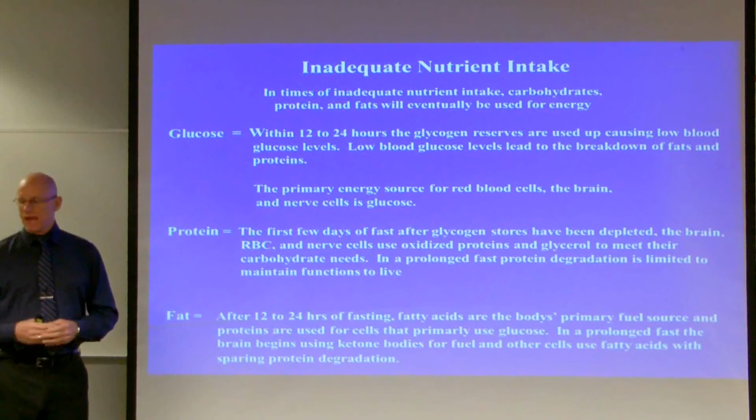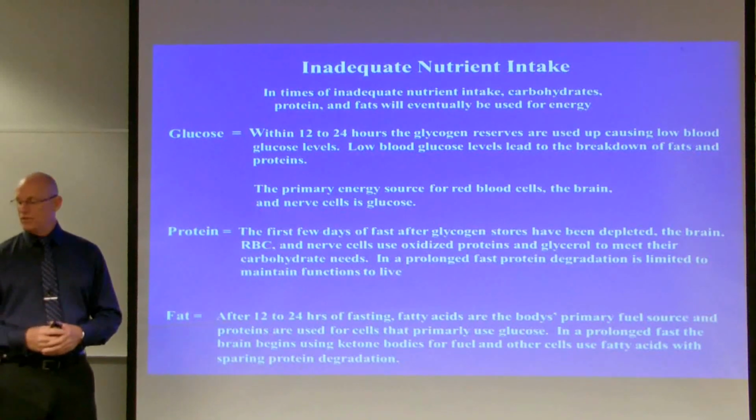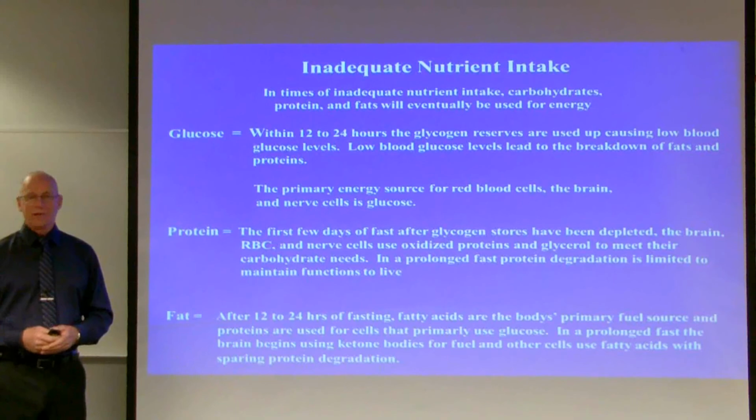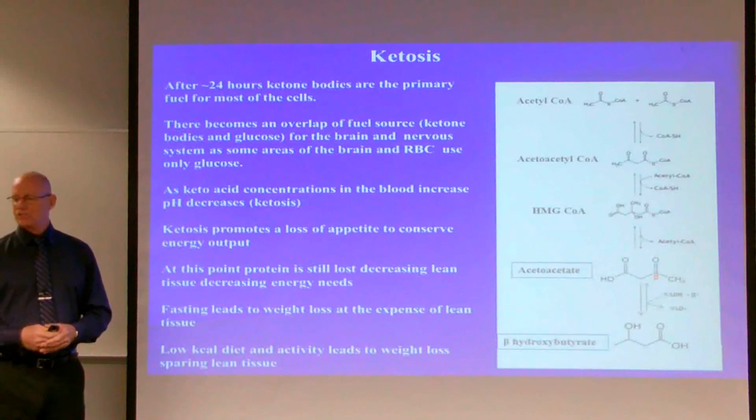And then after a prolonged period, after 12 to 24 hours of fasting, fatty acids are the body's primary fuel source, and proteins are used for cells that primarily use glucose. In a prolonged fast, the brain begins to use ketone bodies for fuel, and other cells use fatty acids with sparing protein degradation. So ketosis, after about 24 hours, ketone bodies are the primary fuel for most of the cells.